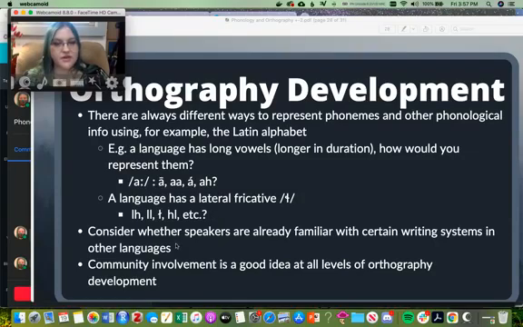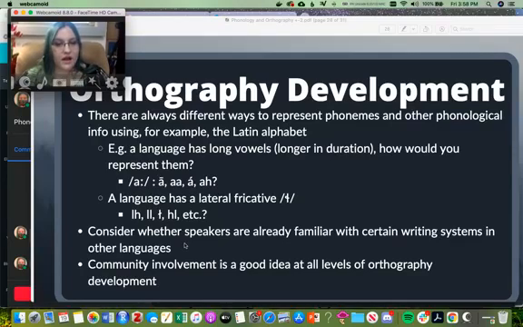So it's important to consider whether speakers are already familiar with certain writing systems in other languages, like if they already are familiar with a language that has, for example, a barred L, and that's something that they're used to seeing in another language. That might be a practical choice for this language because maybe everybody already has that in the back of their head.